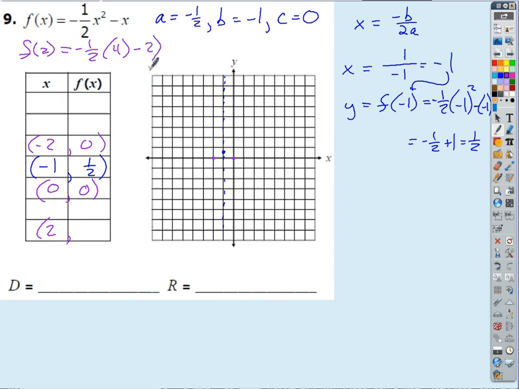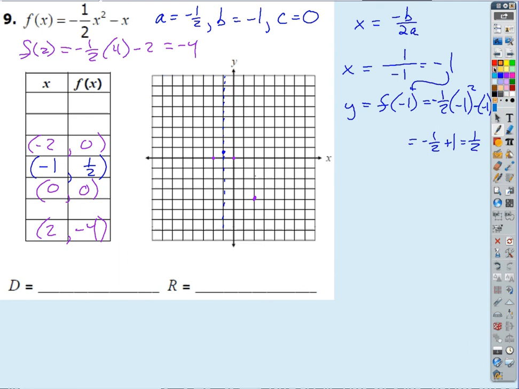Did I do that right? Yes. It's -4. I don't need the last parentheses. So I get -2 minus 2 is -4. There we go. So 2, -4. So if I go over 2, I go down 1, 2, 3, 4. Which means I've got another point.